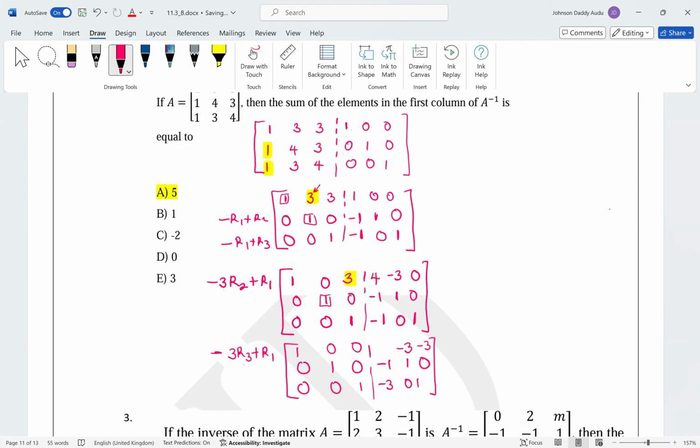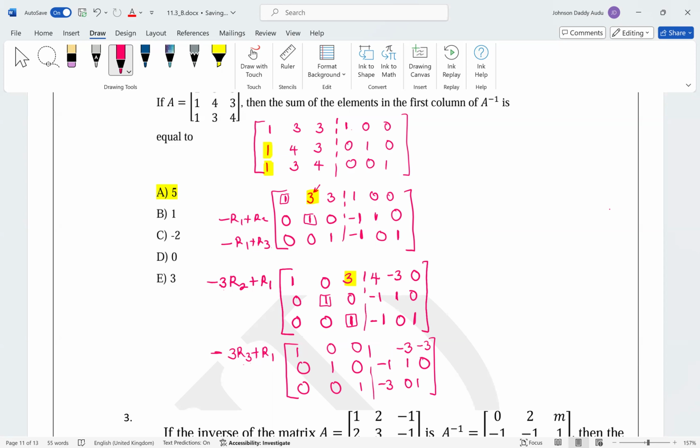So this cannot be. So now here it's 1. So since this is 1, we're supposed to use minus, and we want to convert this to 0. So it is minus 3R3 plus R1. All right.